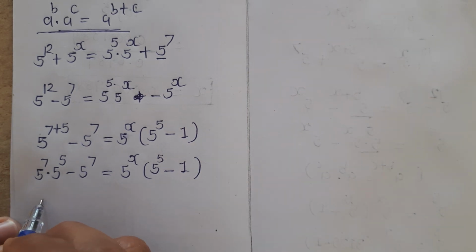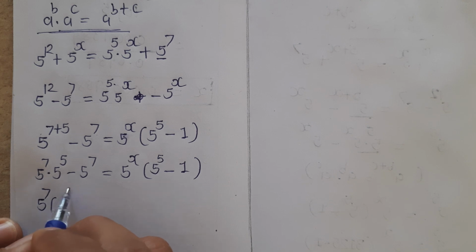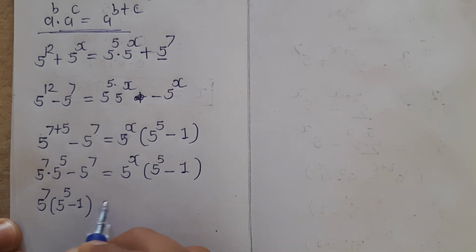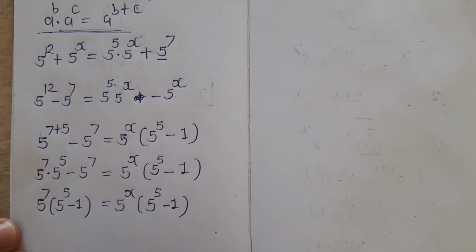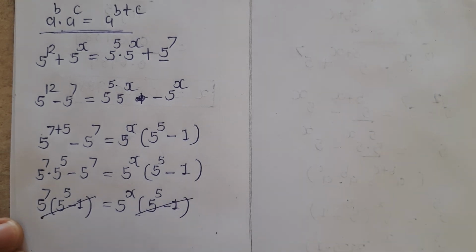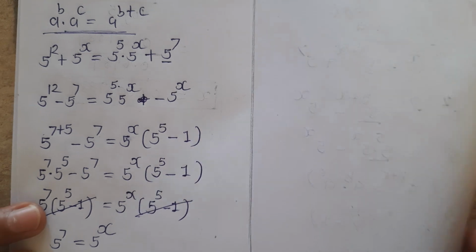Here we can take 5 raised to 7 common. So we have 5 raised to 5 minus 1 in bracket, and on the right hand side the same, minus 1. Now we can see that on the left hand side and right hand side we can discard this part, 5 raised to power 5 minus 1. So now we have 5 raised to 7 is equal to 5 raised to x.